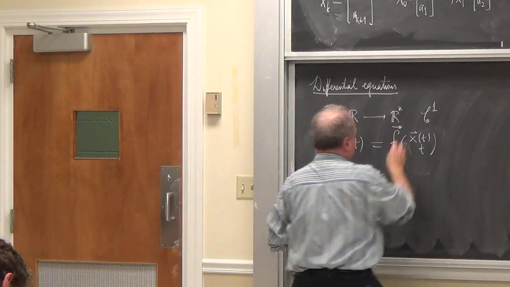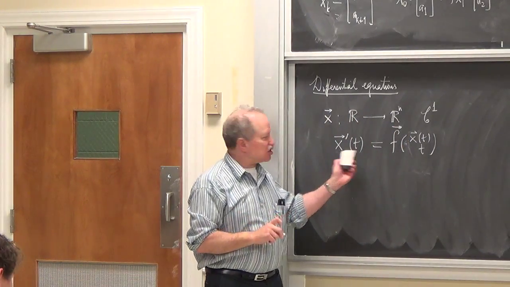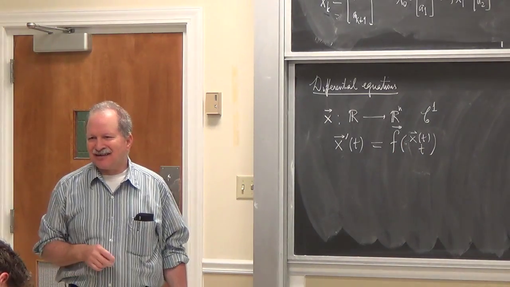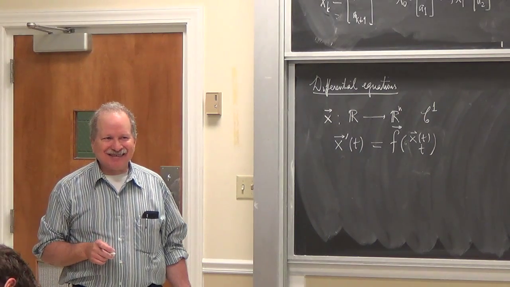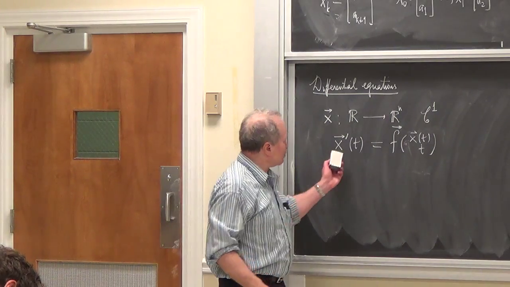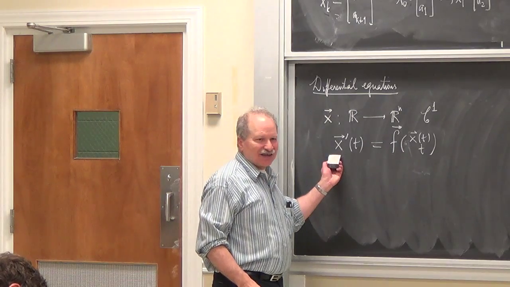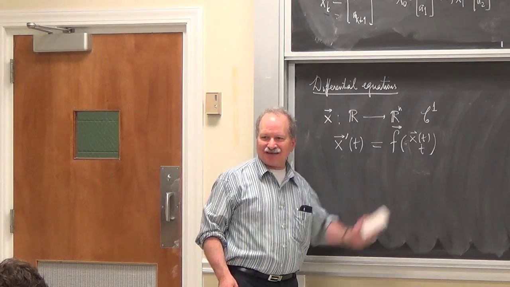So this is, in general, a differential equation that says how x changes depends on where I am and what time it is. It reminds me of level sets. What else does it remind you of? Manifolds? Where were you looking at a curve, g of t, that satisfied g prime of t was a vector at g of t?